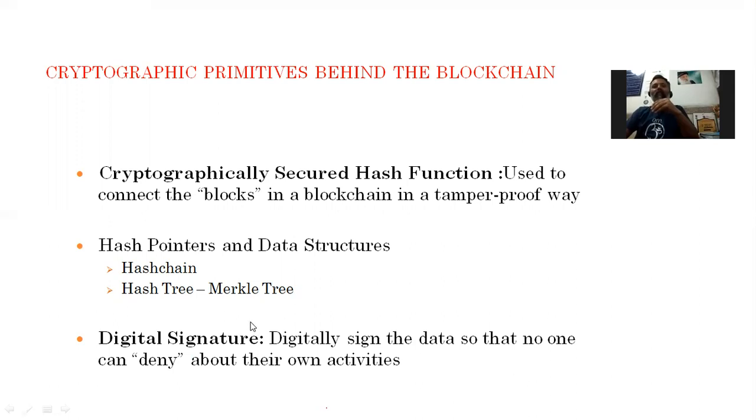Digital signature is also used in the blockchain to digitally sign the data so that no one can deny their activities. Today we are going to discuss the secure hash function, and hash chain and Merkle tree we will discuss in the next lecture.